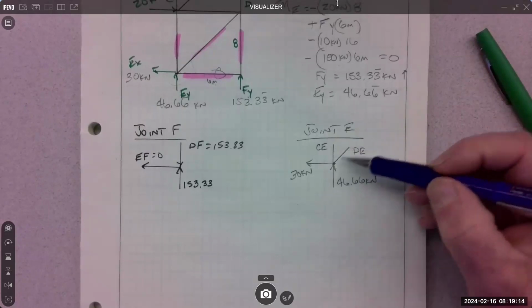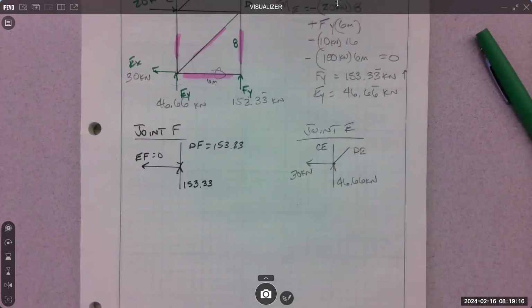Does DE go in or out? Down. How do we know? We have the 46s over there, but there's 2 coming down. DE and CE could both come down. So I can't determine the direction from looking at the Y. I can determine it from looking at the X.